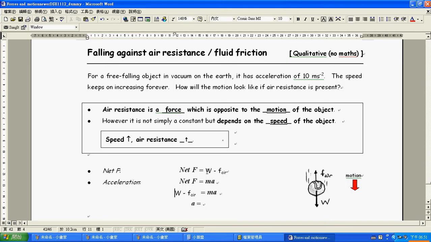So therefore a equals W minus F air divided by m, or equal to g minus the friction over mass.